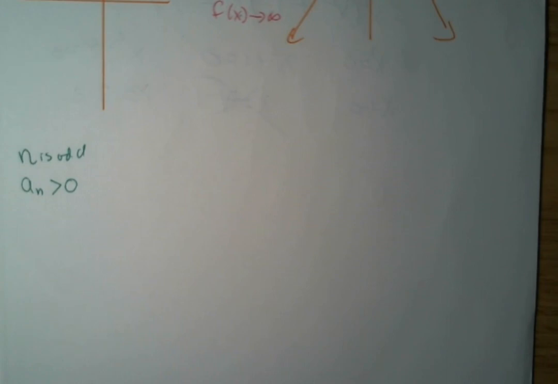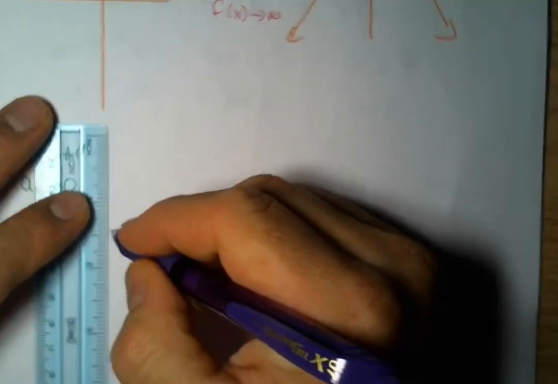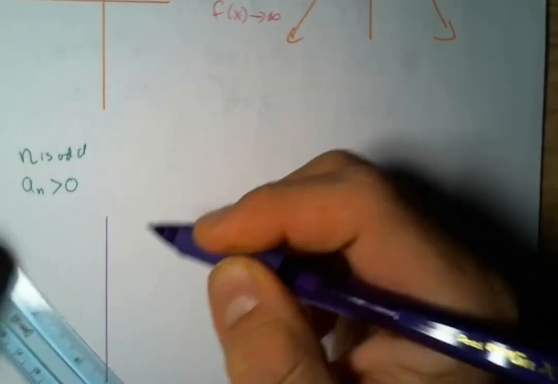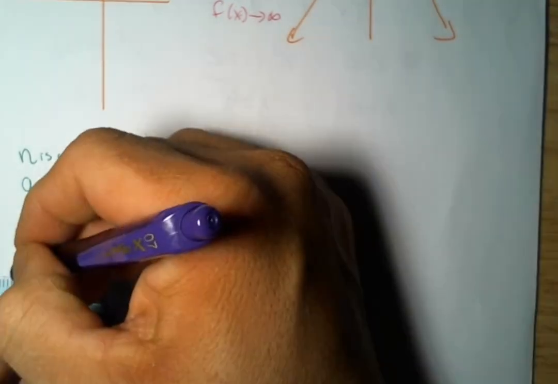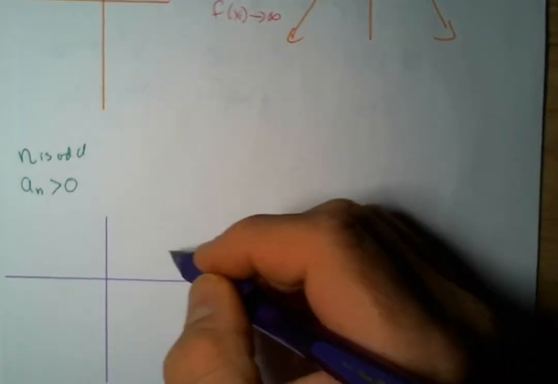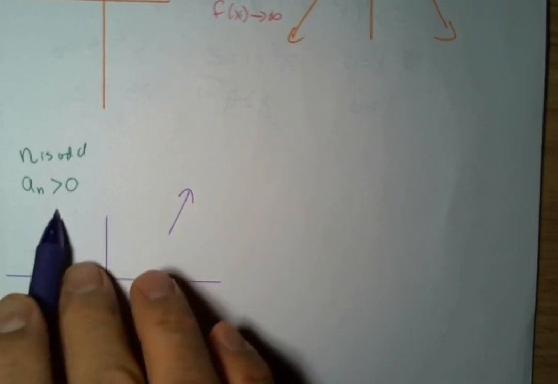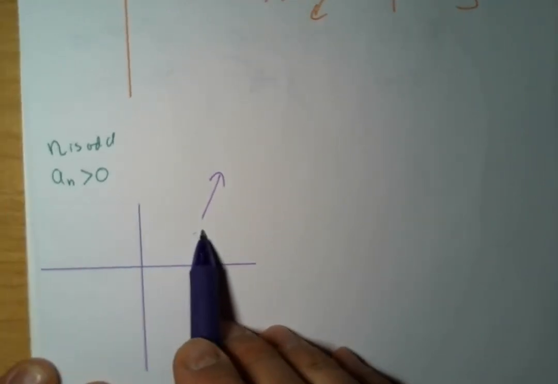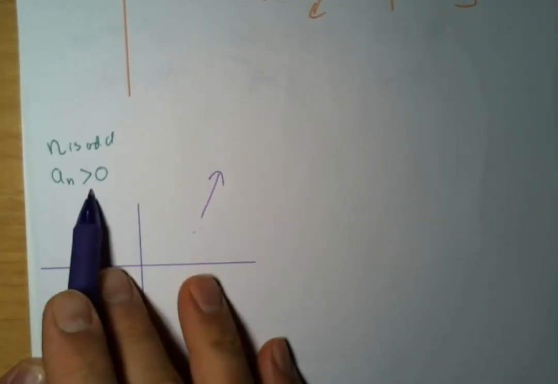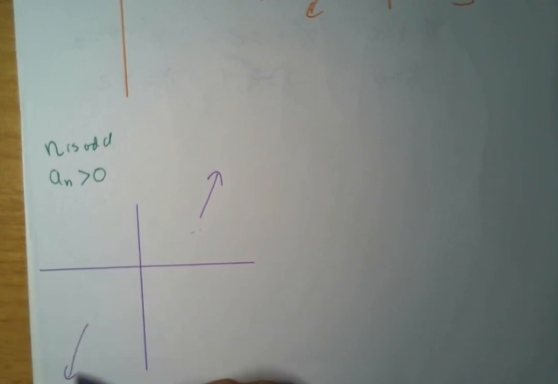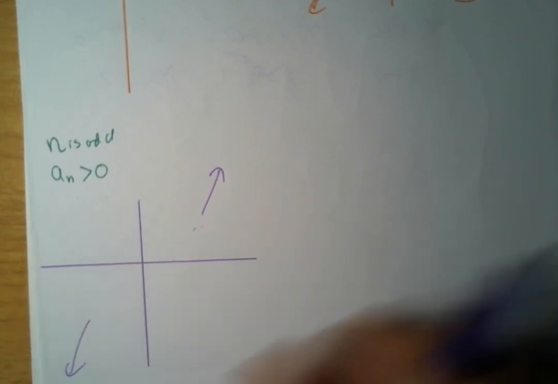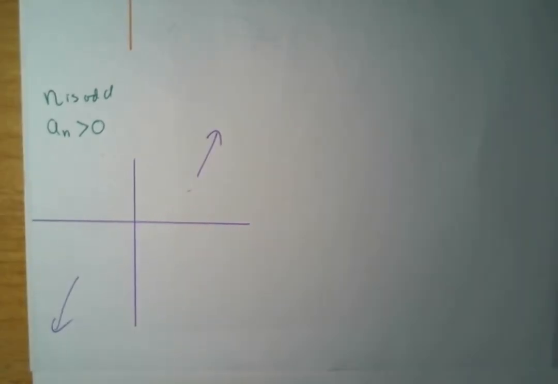When that happens, we get the behavior where the positive leading coefficient makes it go up on the right, but as x goes in this direction, it goes something like this. Think of the cubic. That odd power, when I put in a negative value raised to an odd power, I get in return a negative number.